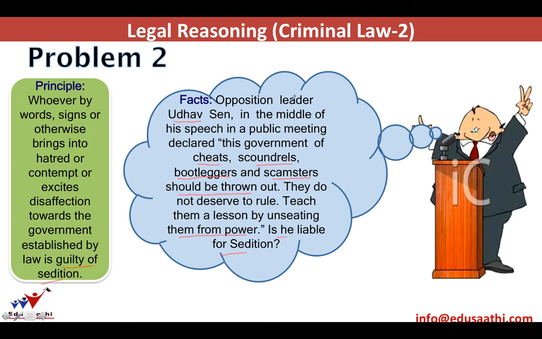So we discussed that the comments or expression of disaffection towards the government, which is bringing hatred, would amount to the offence of sedition. However, on the same side, we read in the explanation that all the words against the government and their inappropriate acts would not amount to sedition.